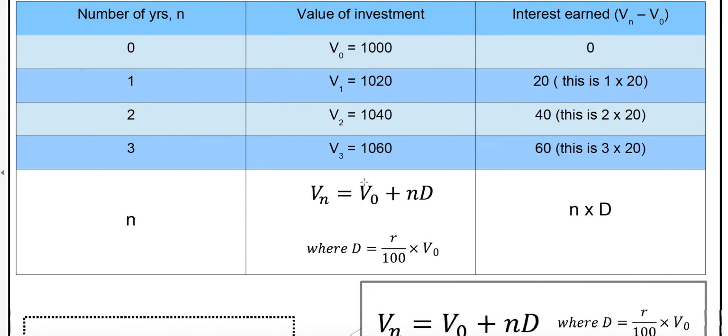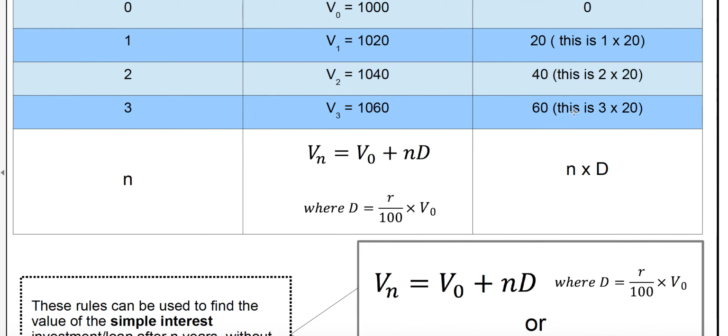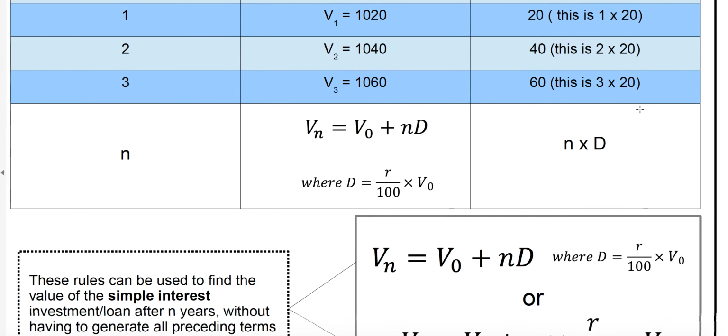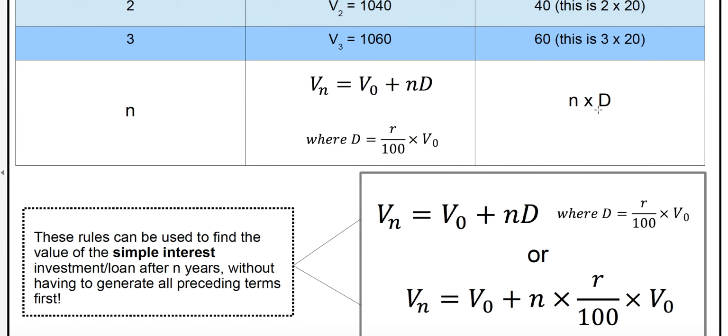In other words, if you want the second year, multiply your number of years, which is 2, by 20. If you want the third year, we can just multiply 3 by 20 because you're earning $20 per year. Now, if you have a look down here, we can simplify that as N times D. So your years or time period multiplied by the interest per year.